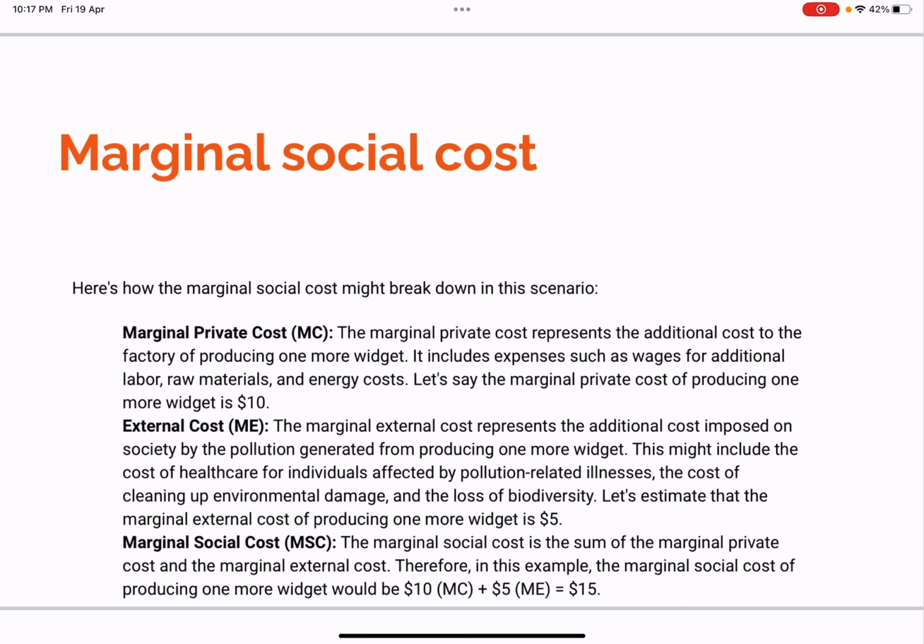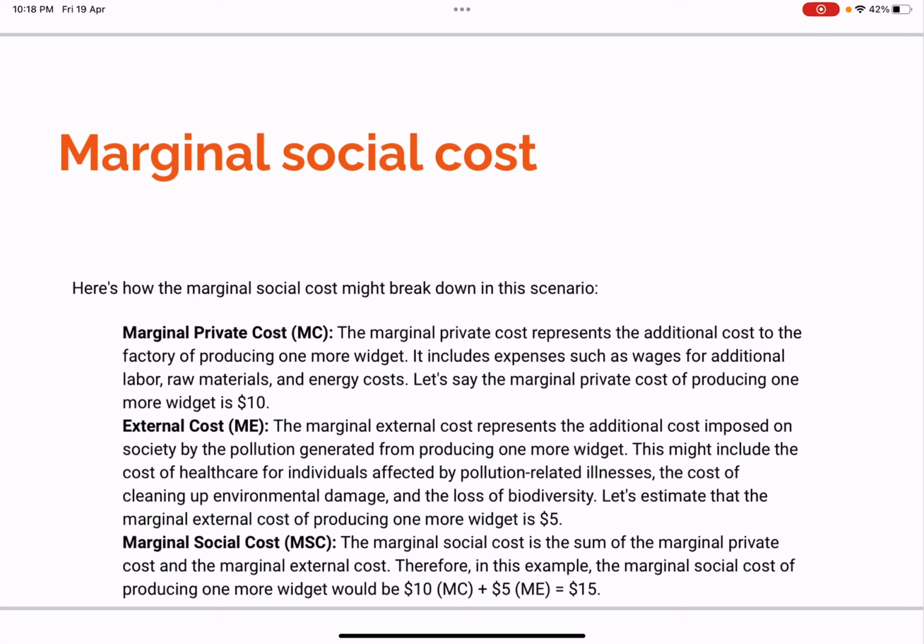So let us say that the marginal private cost of producing one more widget is $10. And we said that because of this production process, some pollution related problem would be there. Maybe there's an increase in the cost of healthcare of the individuals staying around, the third party, or it could be the cost of cleaning up the environmental damages, or the loss of biodiversity.